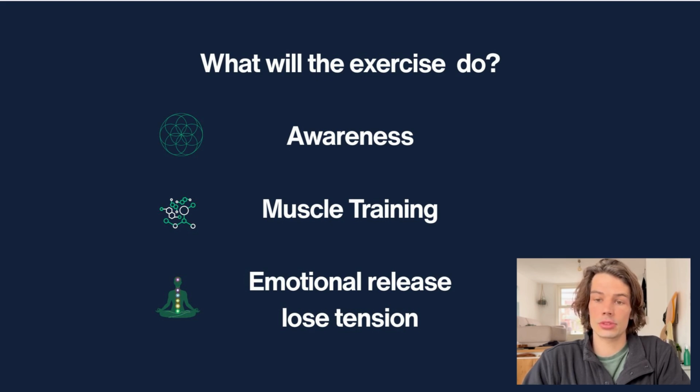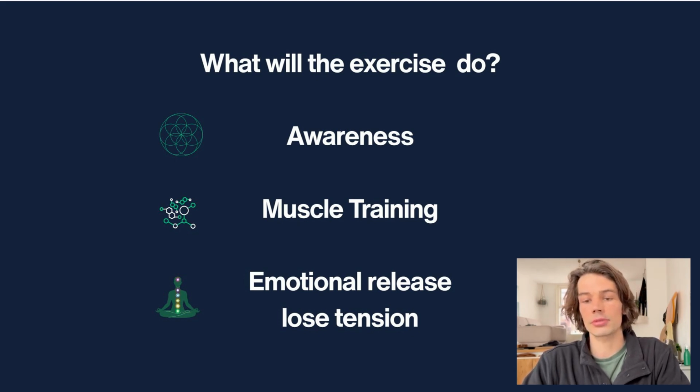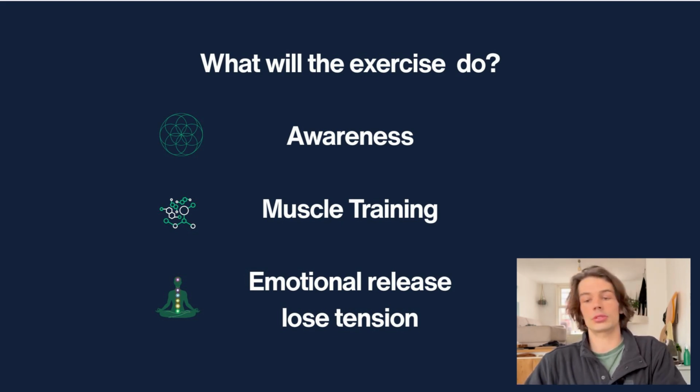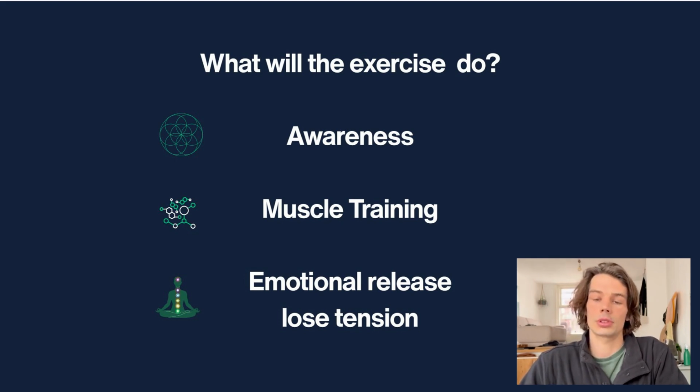When you train a muscle and stimulate it, the tension can go away, it gets stronger, so your breathing will improve, the oxygen exchange will improve, because you'll actually take deeper breaths, because the diaphragm will move down way further, so there's way more room to exchange gases. Also, when this is very tight and you have a hard time feeling, it will give you emotional release and you'll get connected to yourself and to your emotions.